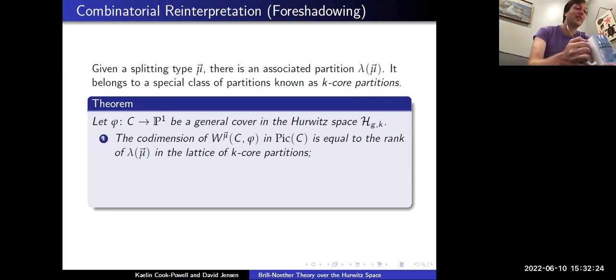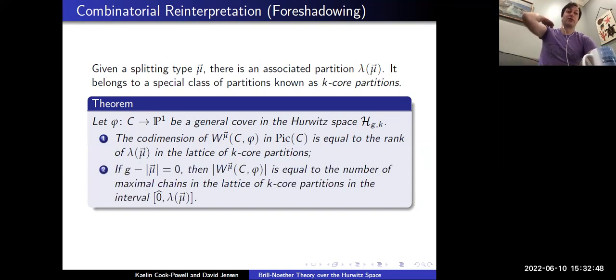Okay, so anyway, the codimension of the splitting type locus is equal to the rank of lambda mu in the lattice of K-core partitions, which I should say is not the same as the number of boxes in the K-core partition. So this is a little bit more subtle than the statement I said earlier in the talk.